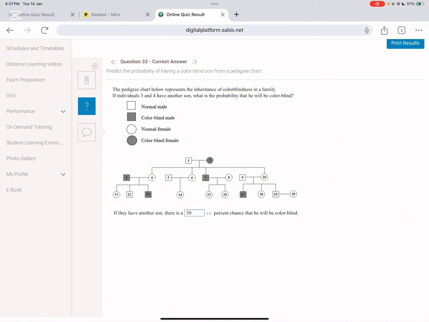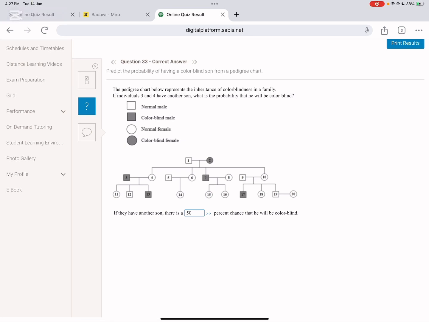First we're going to check their offspring, and always pay attention to the key and understand the key. So I have one normal female, individual 11, one normal male, individual 12, and one colorblind male, individual 13.